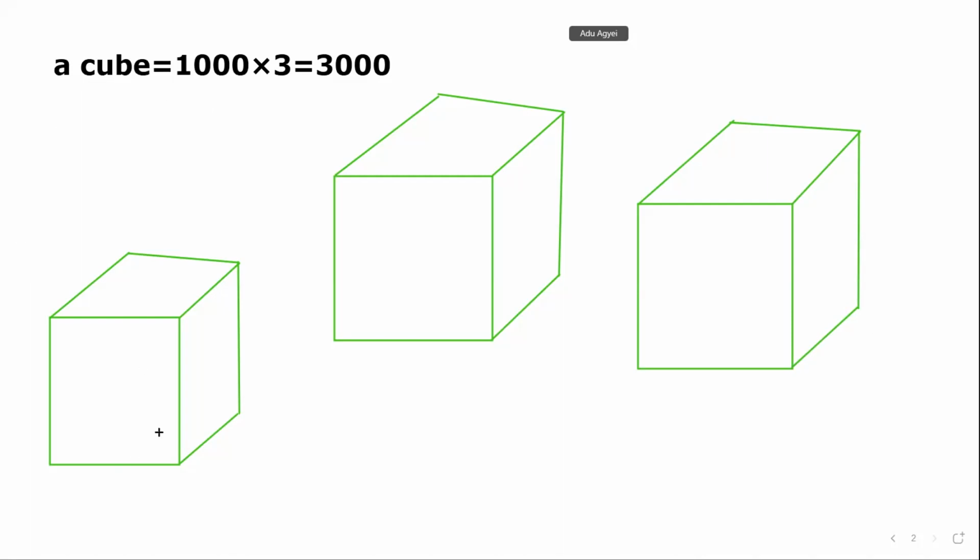One key is equal to 1,000. So 3 of these keys is approximately 3,000.